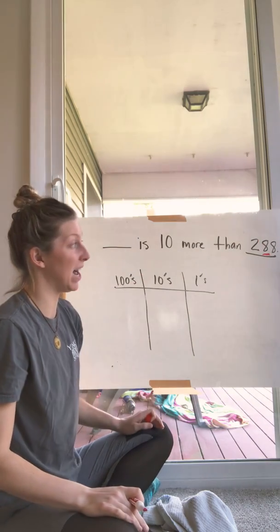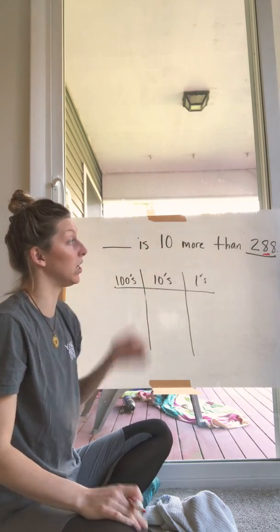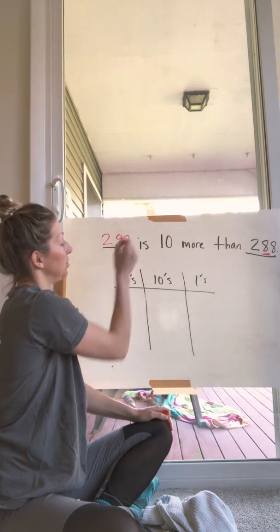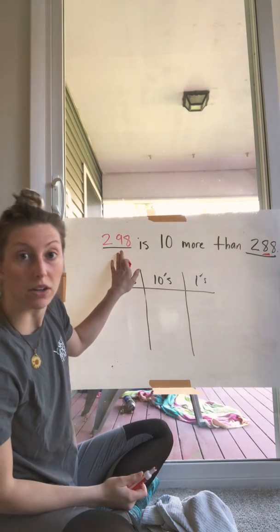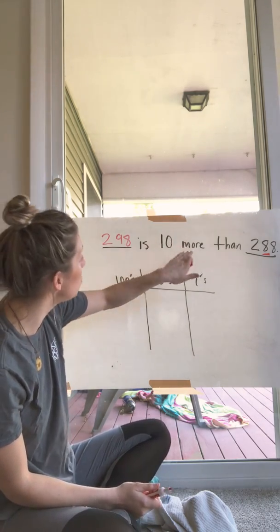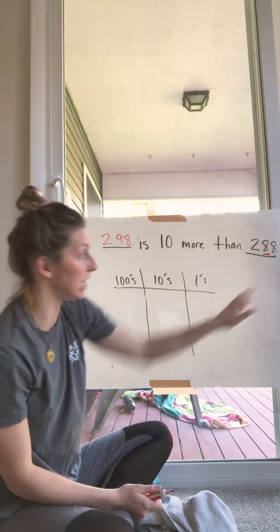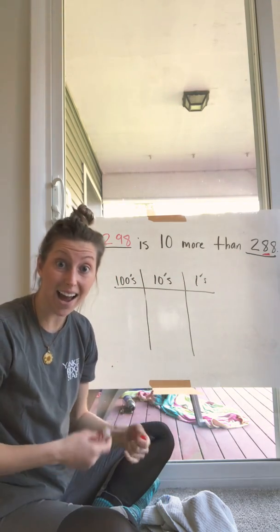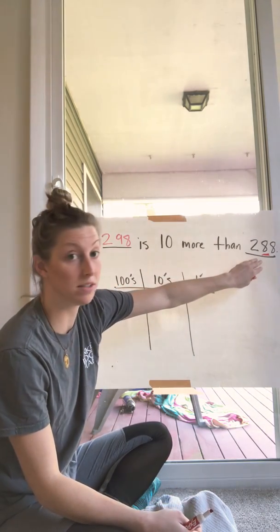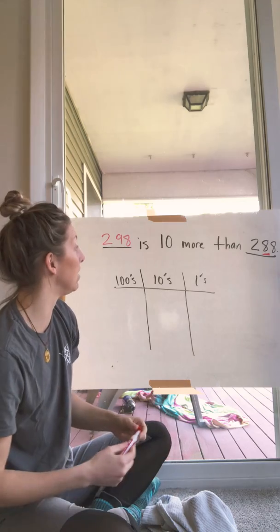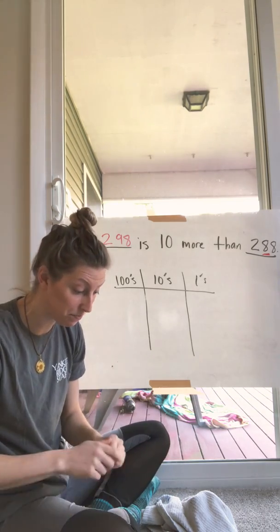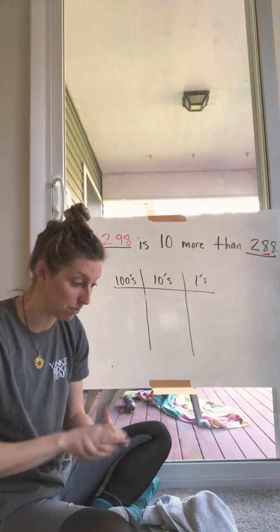That 8 is going to go up by, well, it says 10 more. So maybe this is 298. Let's just say that. Now let's read it to see if it makes sense. 298 is 10 more than 288. Does that make sense? Yeah, absolutely. It's saying this number has to be 10 more, which is bigger than 288. That is perfectly right.